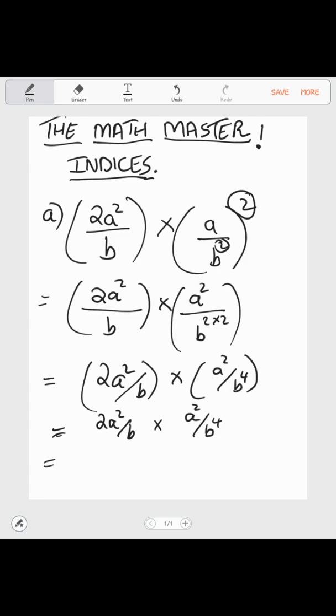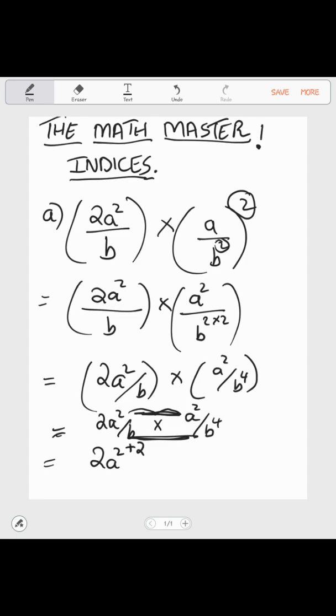It wouldn't be simplified, but because it's being multiplied, 2a squared is being multiplied by this a squared right here, and these b terms are likely to be multiplied. So we just multiply 2a squared with a squared, and the answer would be 2a to the power 2 plus 2. Why do you think it is?